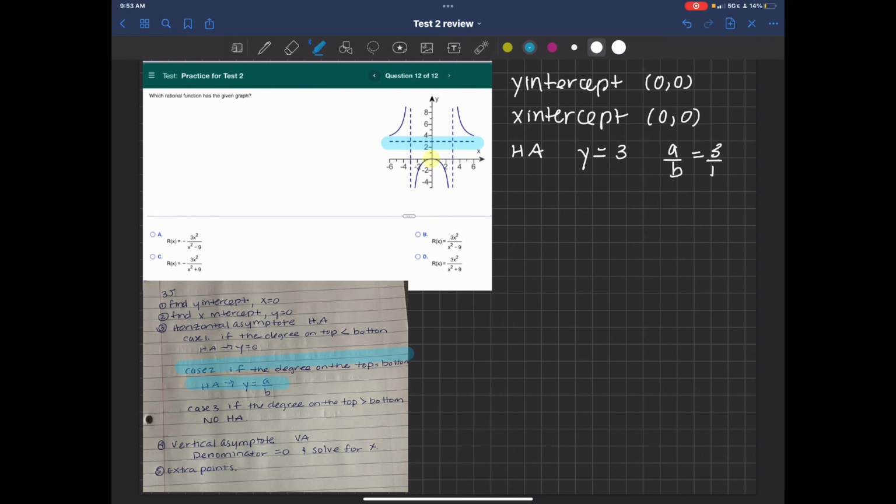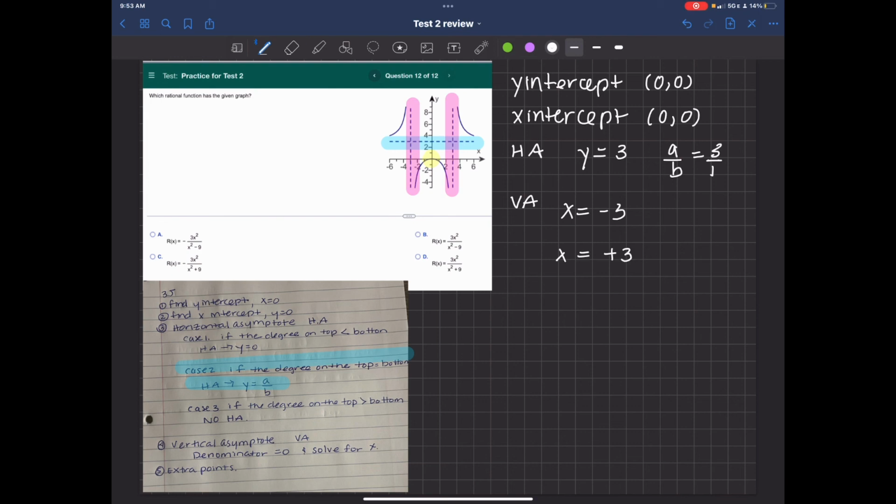Okay. And then we're going to look at the vertical asymptote. The vertical asymptote, you have 2 of them. And your vertical asymptotes are going to be x equals -3 and x equals +3. So x equals -3, x equals +3.